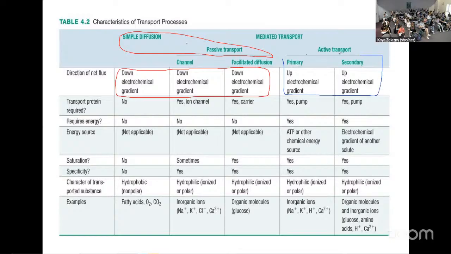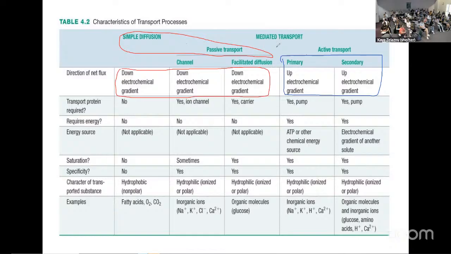In both of these cases, we're fighting against that electrochemical driving force. We could then make sure that we know, do we need some type of protein to do this type of transport? So your book has broken out the 4 types over here separately and called them mediated transport.